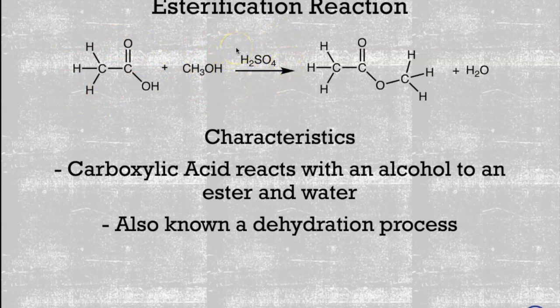This type of reaction produces an ester. Again, a lack of creativity in the name. This functional group shown here is an ester, and the byproduct is water, so this is also called a dehydration process. The carboxylic acid reacts with an alcohol to produce an ester and water.